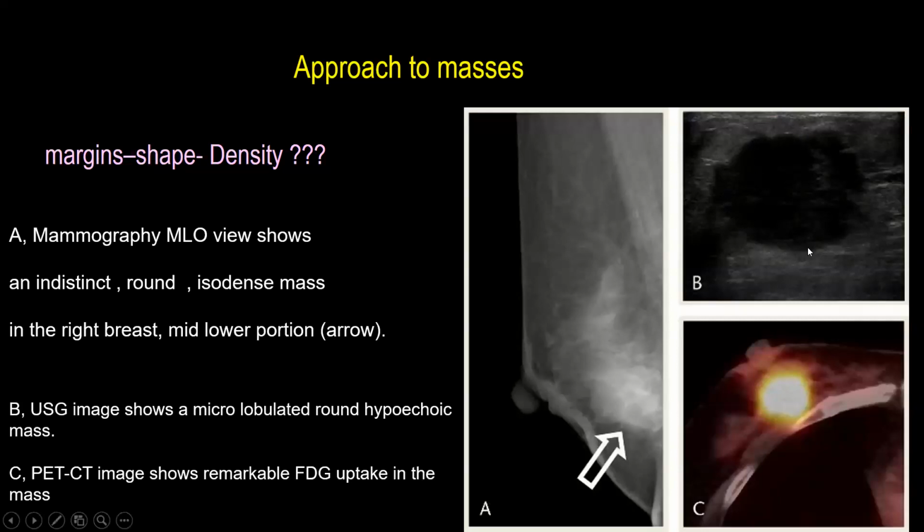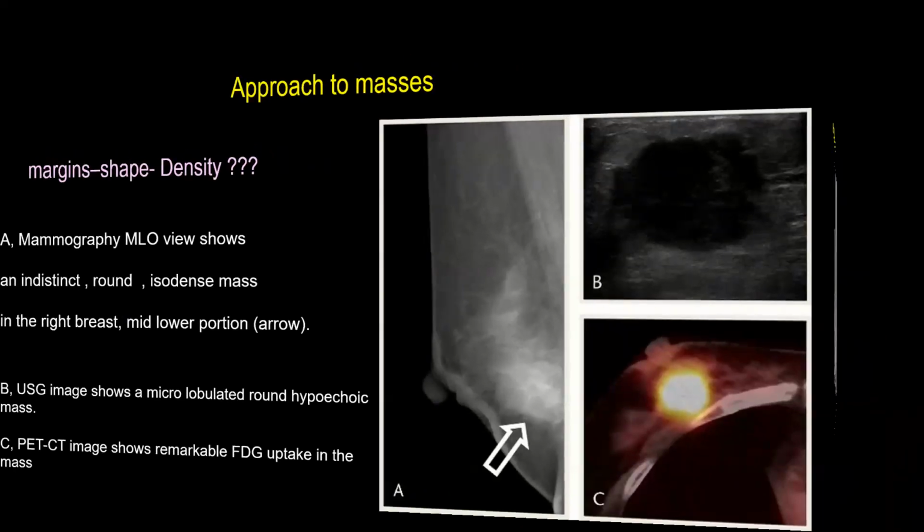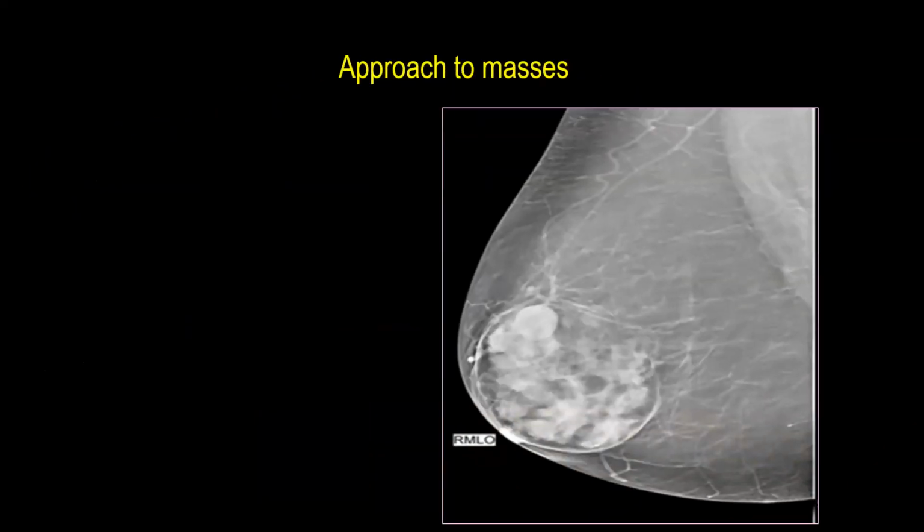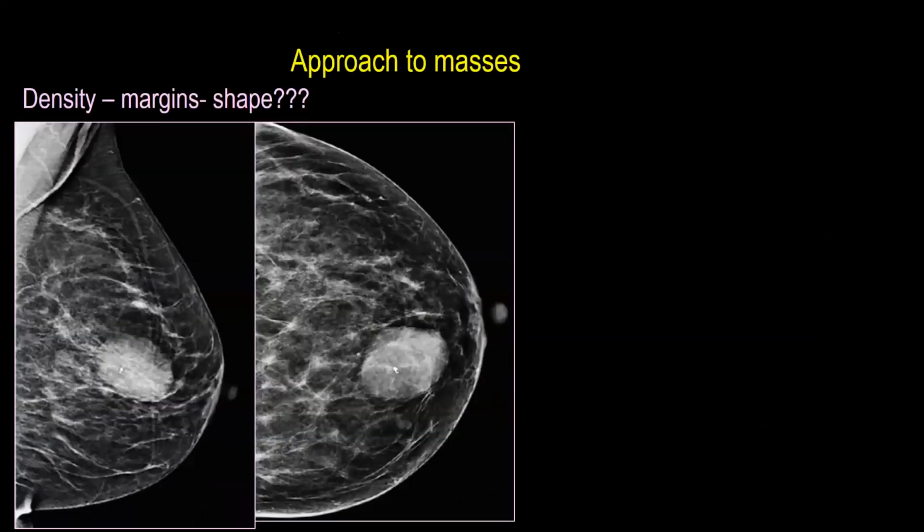Here it is microlobulated on ultrasound, and look at how highly metabolic it is on PET scan, with high FDG uptake. This is a malignant mass, so obviously not a hamartoma. Excellent. This is a hamartoma.